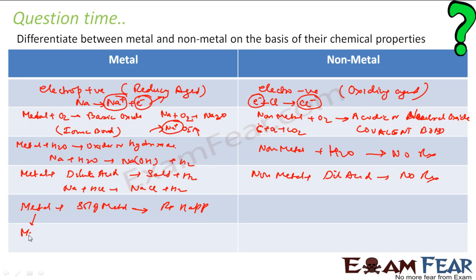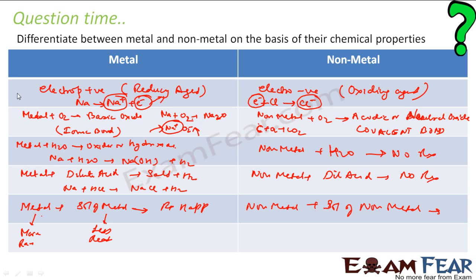If this one is more reactive and this one is less reactive, this reaction happens. Similarly, a non-metal reacts with a solution of a non-metal, and there also reactivity matters. The more reactive one will displace the other.